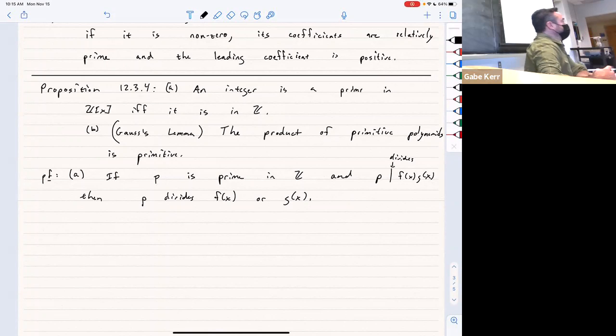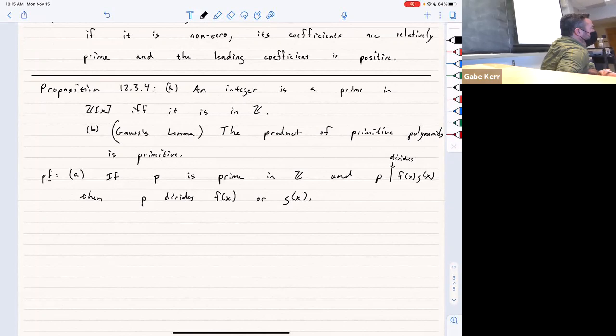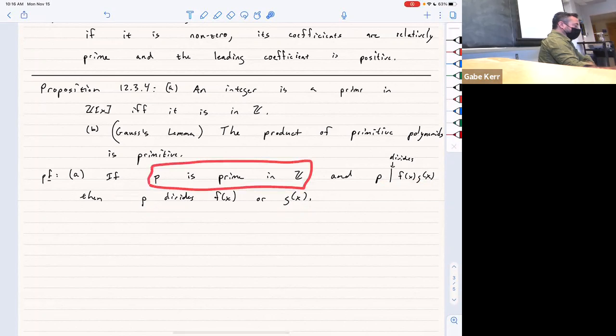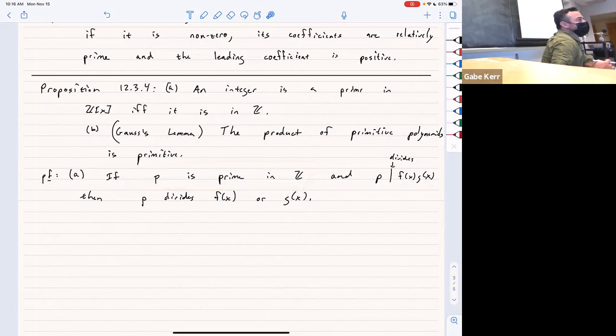Well, what do you think? I mean, the converse should be obvious, right? If this implies this in polynomials, then it's certainly prime in Z, because you can just take constant polynomials here. So one way is up.